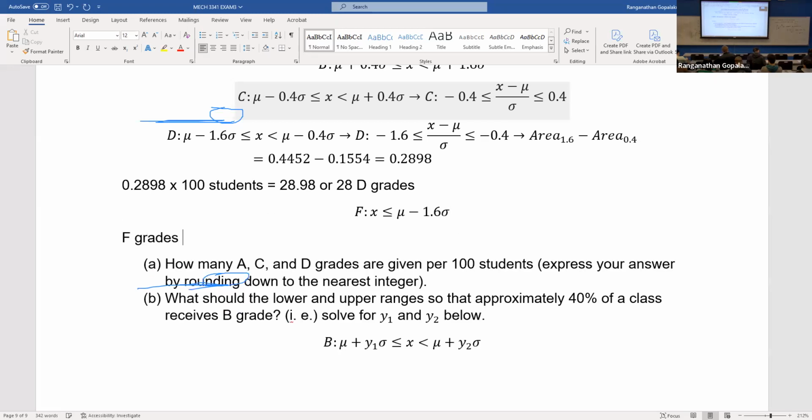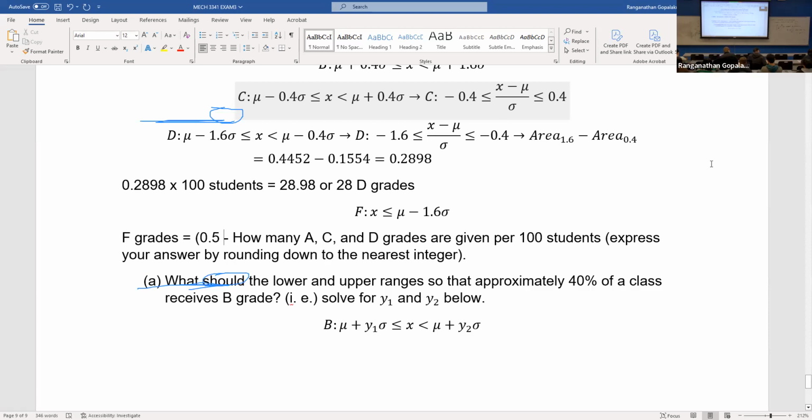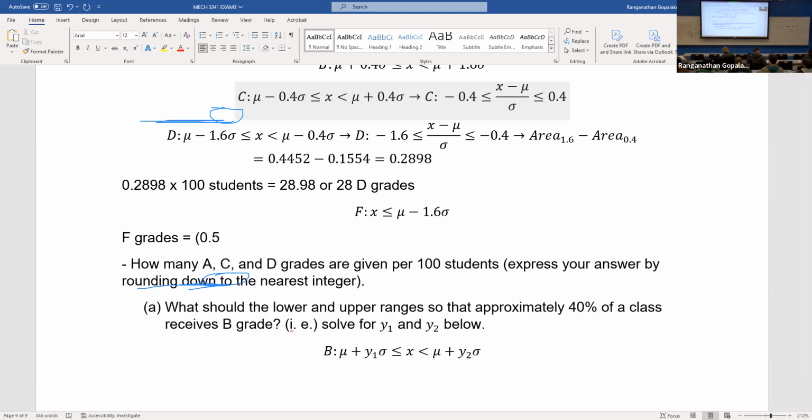F grades would be 0.5 minus the value for 1.6, which is 0.4452, which is 0.0548. So that is nothing but 5 students getting F grades.